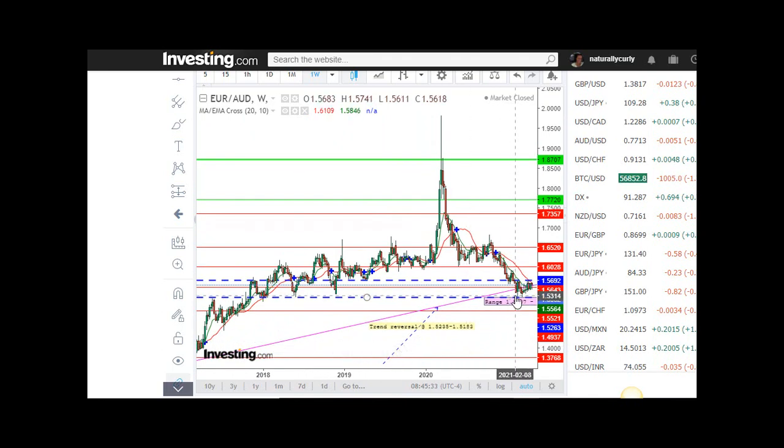So for the reversal, once we pass 1.5267, that's pretty much a game changer to tell us, okay, we're going down. And these are all our areas of wide open space.